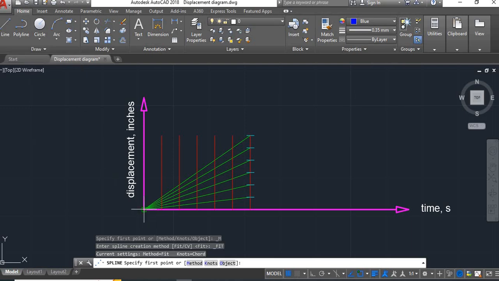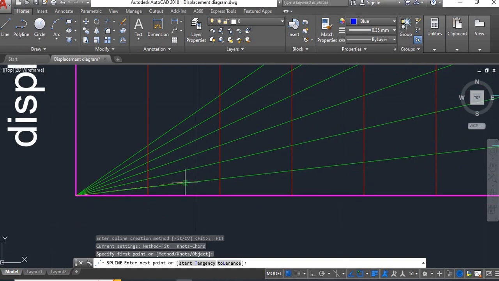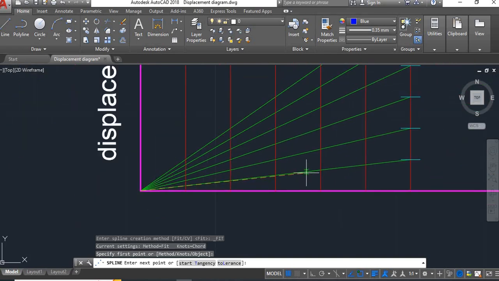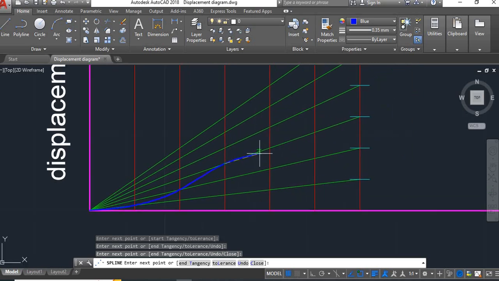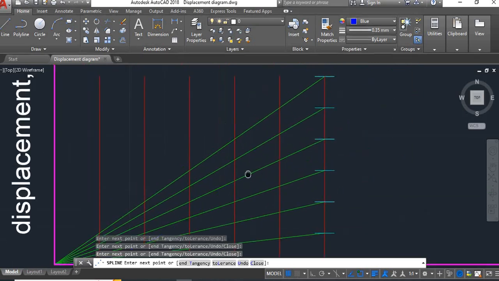We connect the origin, or the starting point of the follower, to the intersection of the green and the red line, this one. Okay, like that, this, and this one.